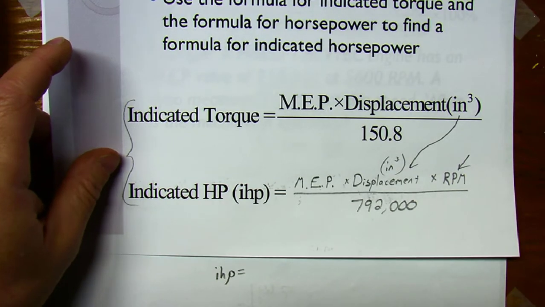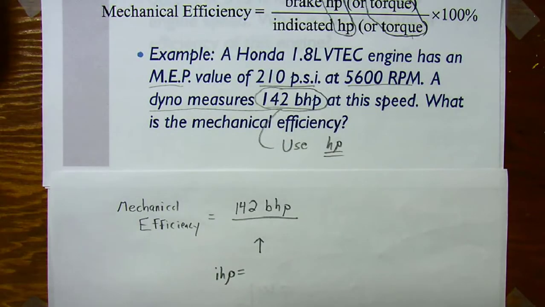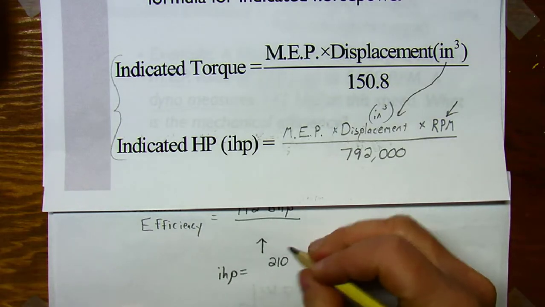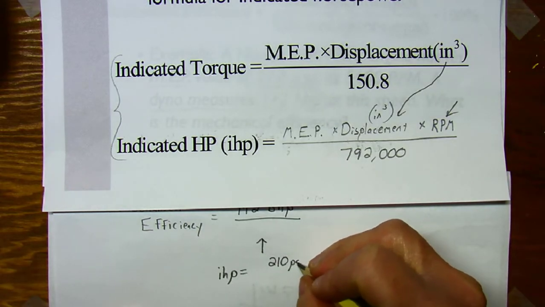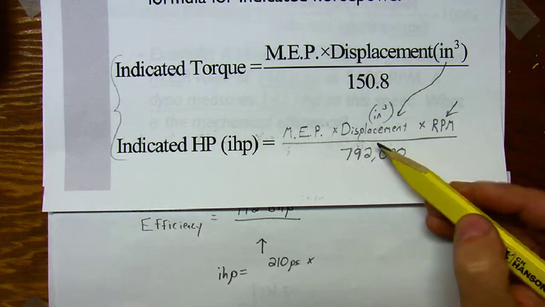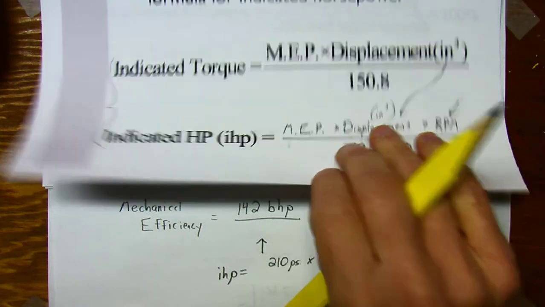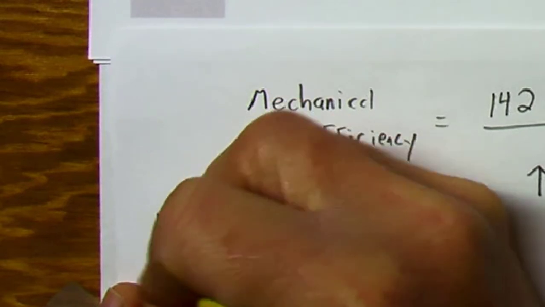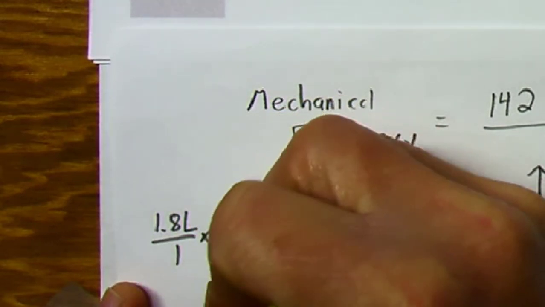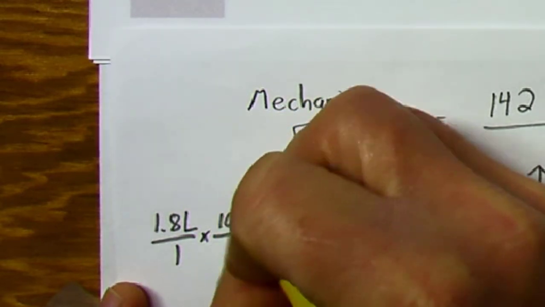Let's do that. Our pressure is 210 psi times our displacement. Oh, we got to figure out what the displacement of this engine is. 1.8 liter VTEC. 1 liter is 1,000 cc's.